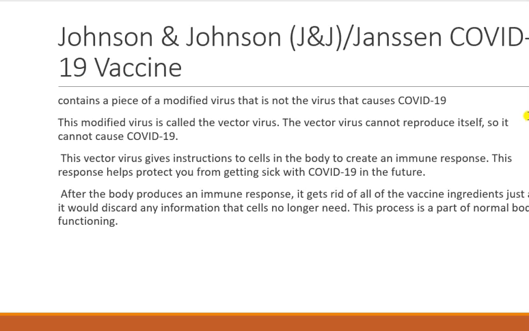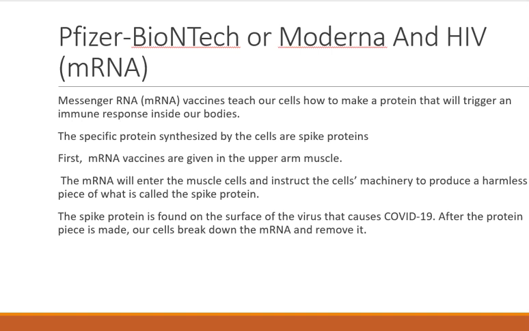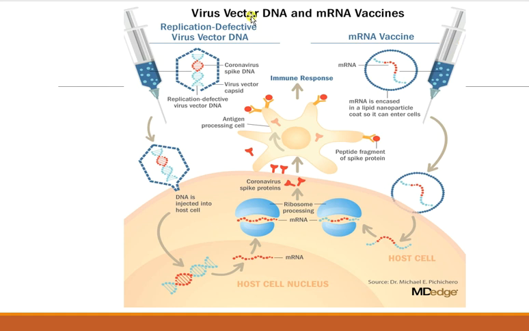The concept of the Johnson and Johnson vaccine is actually a little bit different. Like I've said before, with the Johnson and Johnson vaccine, which is on your left on the display, you're given a vector that carries corona spike DNA, and once injected into you, it is able to degenerate to produce the mRNA that instructs the ribosomes to produce the spike proteins.